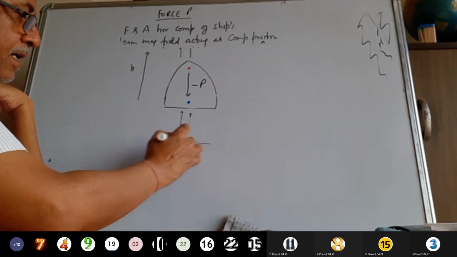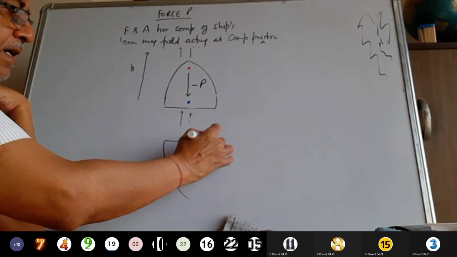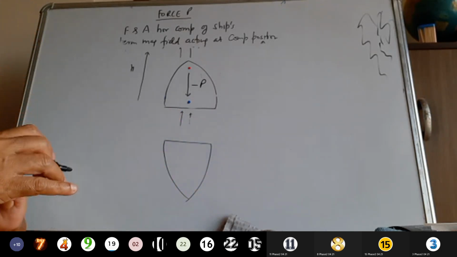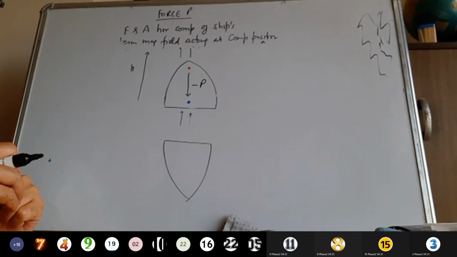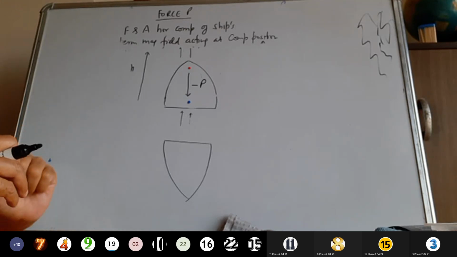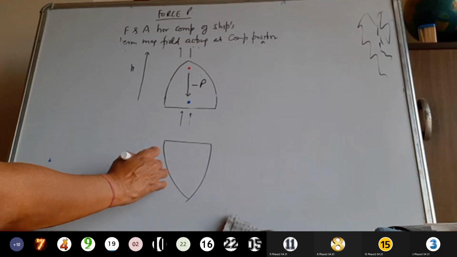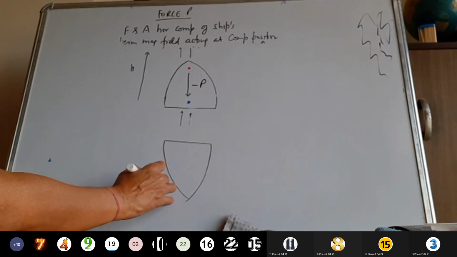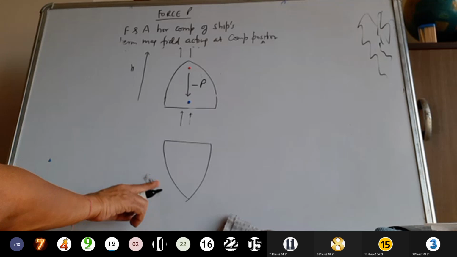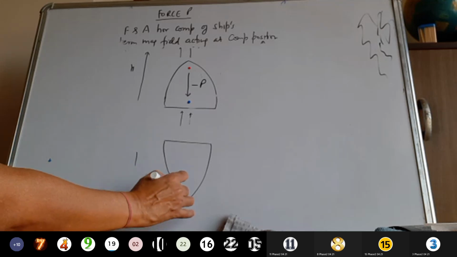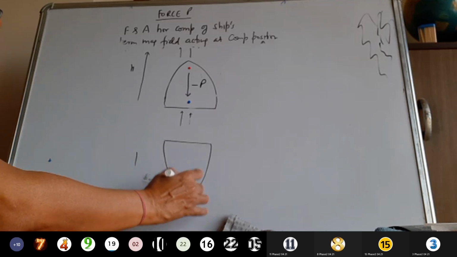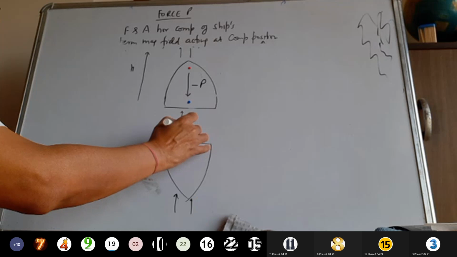Similarly, let us say the vessel was built in the southerly direction. That means the ship was standing in the southerly direction for a long period of time. Then in this case, what will happen? The H is going in this direction. H is always acting towards north. So the inducing field is entering from this side and exiting from this side.